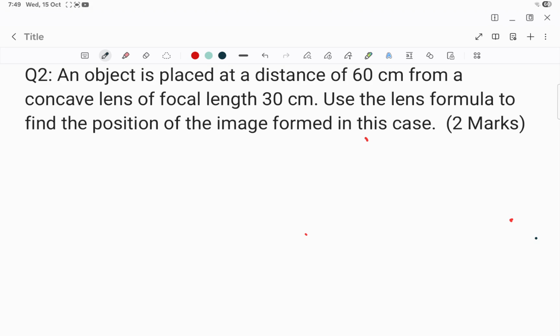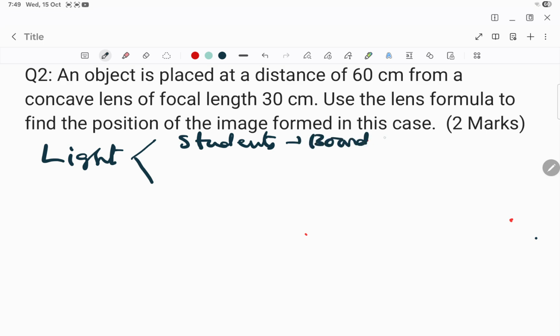Today we are going to discuss a few numericals from the chapter called Light. These numericals are beneficial for two reasons. One, this class is very useful for students going to appear for board exams in February 2026.